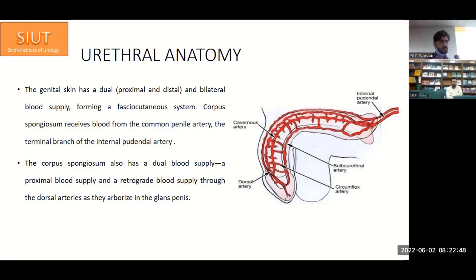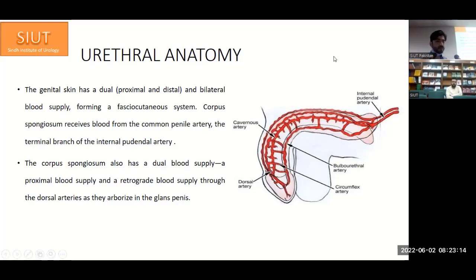If we look at that picture, the internal pudendal artery gives two branches, the bulbar artery and the dorsal arteries. In hypospadias, the dorsal arteries are compromised. So if we transect the urethra, the bulbar arteries are also compromised, so there is less chance of healing and more chance of stricture formation.